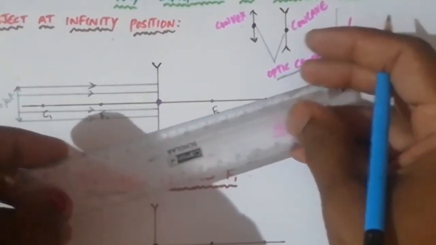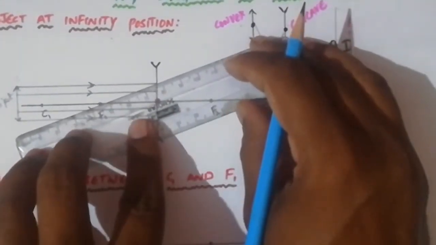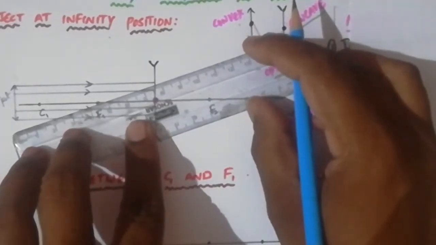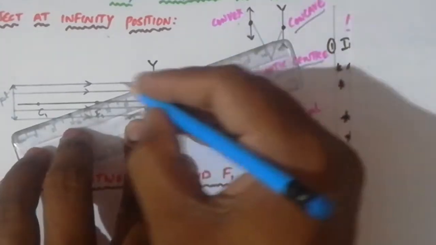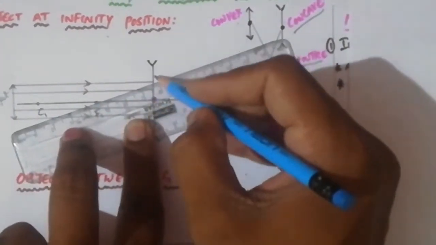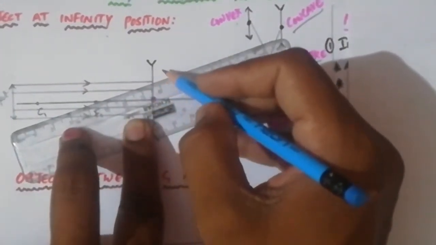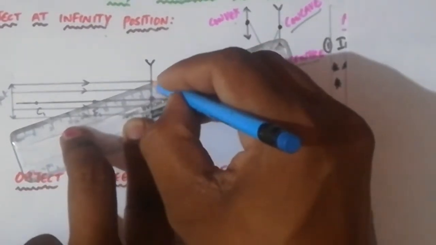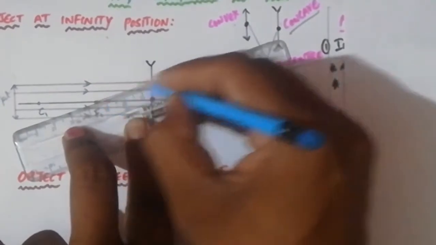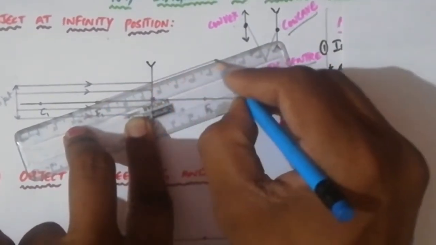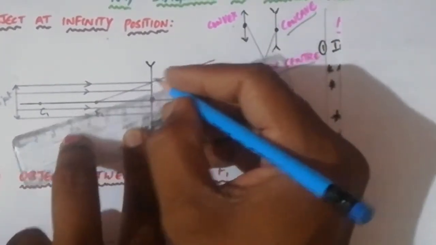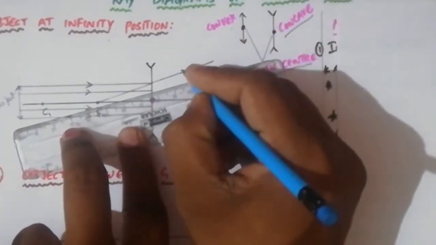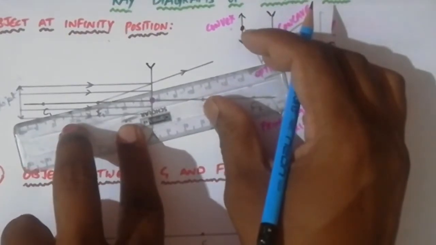We know that a concave lens is a diverging lens. So all the incident rays, once they hit the lens, will be refracted as if they diverge from the focus. This will be the refracted ray, like this, and this one is also a refracted ray.